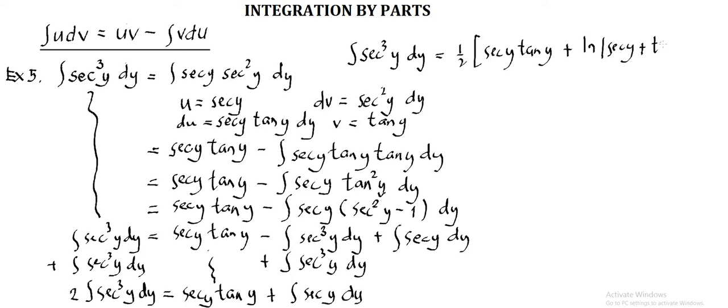No? And then plus c. And this is now our answer. Integral of secant cubed of y dy equals 1/2 secant of y tangent of y plus ln of secant of y plus tangent of y plus c.